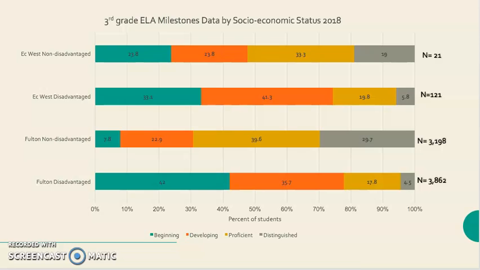However, we do have a strength, and our strength is within our disadvantaged students, who are outperforming the district by 19% and 5% to the district's disadvantaged at or above, which is 17% and 4.5%.